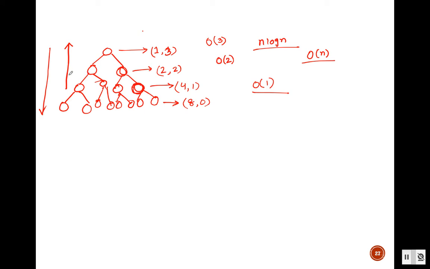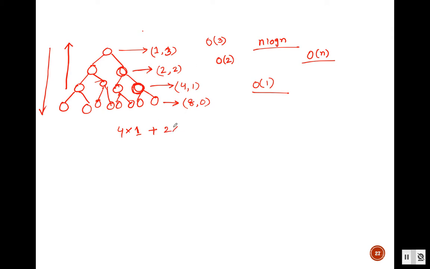For this level we have 4 nodes and the runtime for each is order of 1. Here we have 2 nodes, and for each of the nodes the runtime operation is at worst order of 2.